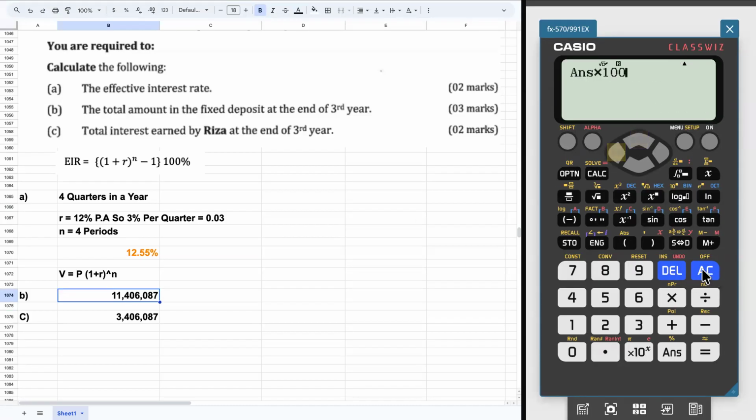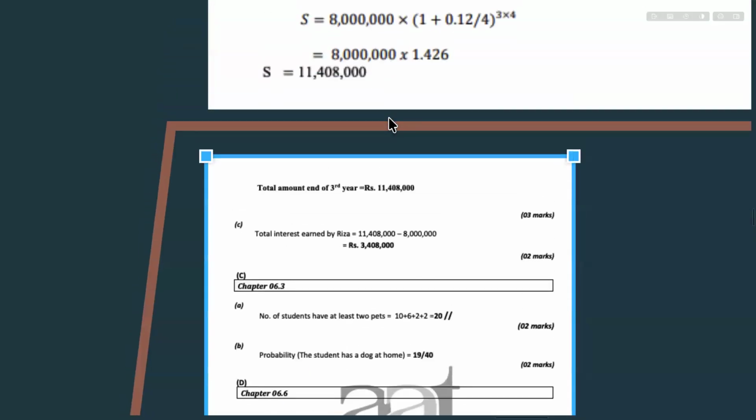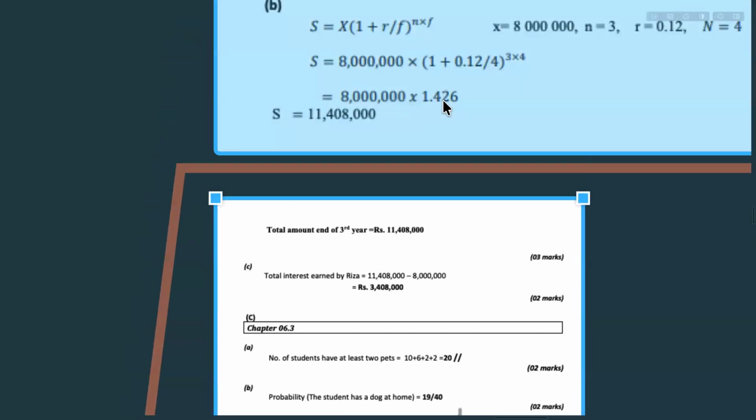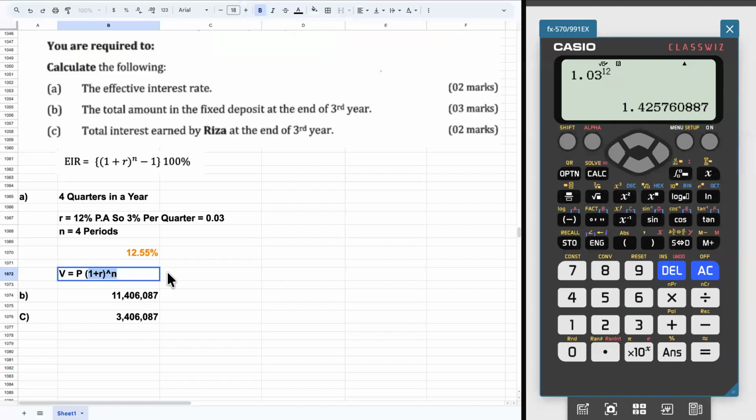Let's say first they have calculated this part, 1 plus Rn, like 1.03 open bracket, and for 12 periods it will give you this, no? So we have used this full amount, but what they have done is they have taken the value 1.4258, right? 1.426 they have taken, only 3 decimals.